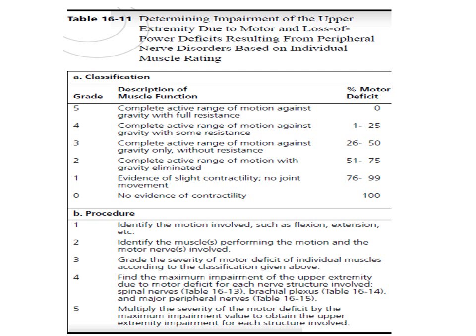And for those of you that have the PowerPoint presentation, I reproduce here again, just for your reference, Table 16-11, and we're going to use this same table when we do manual muscle testing of lower extremity muscles in the case of peripheral nerve injuries.